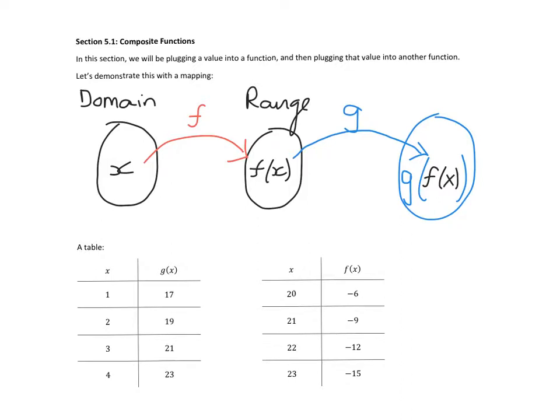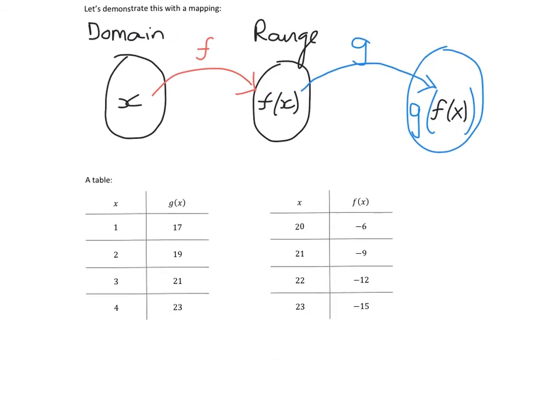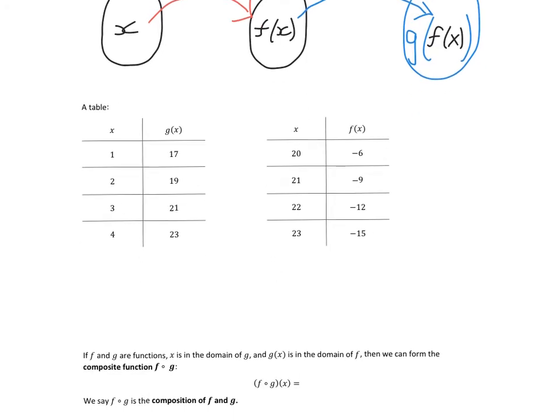Okay, and then we can also demonstrate this with a table. So for instance, let's say we're looking at x equals 3, and then we'll apply a function g, and it's going to go to 21.